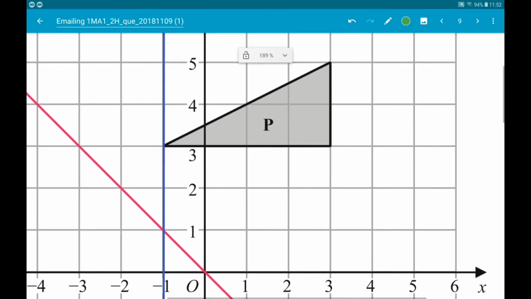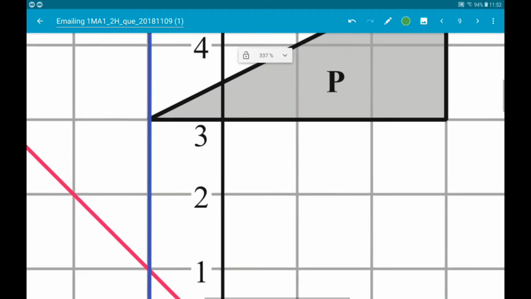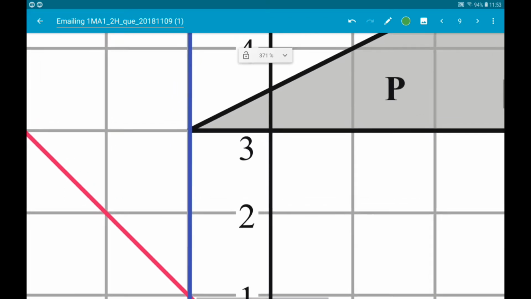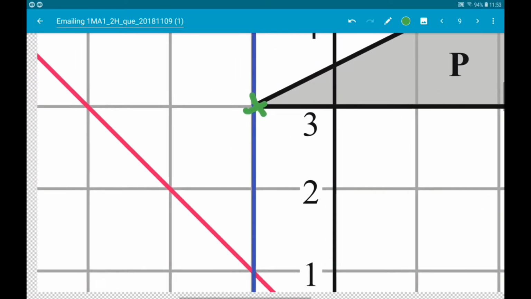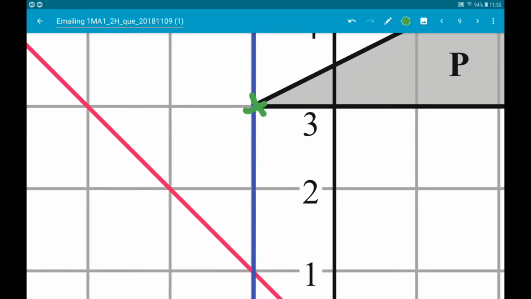So, first of all then, we need to reflect triangle P through the red line. So, let's do it point by point. This one is 1 diagonal square away, so it's going to reflect 1 diagonal square to the other side.